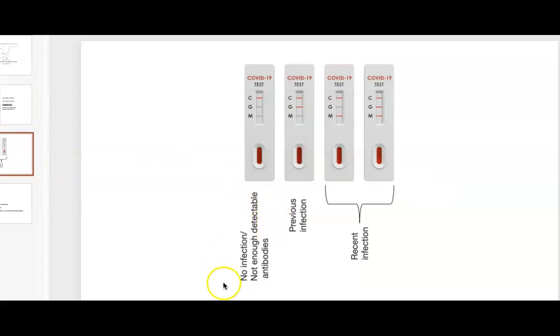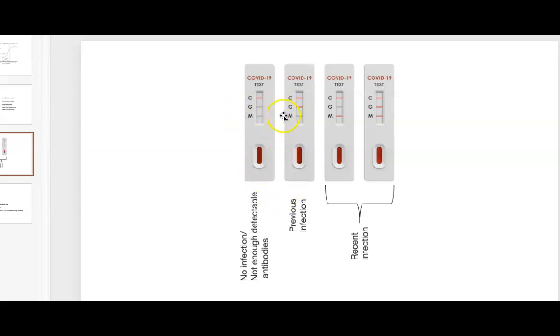So this indicates that there's no infection or not enough detectable antibodies, meaning that it could be too long after or too soon before the infection initiated. As a result, the antibodies either never existed because you weren't infected, or they dissipated because the timing was too long.